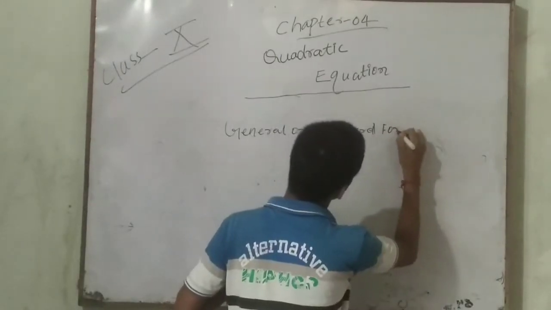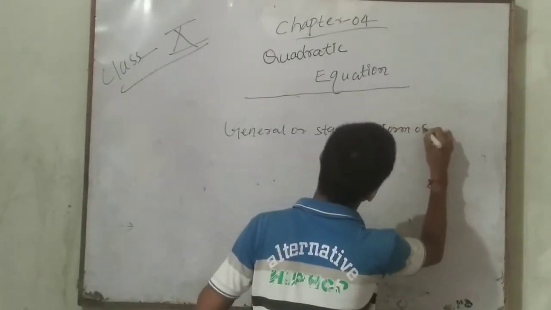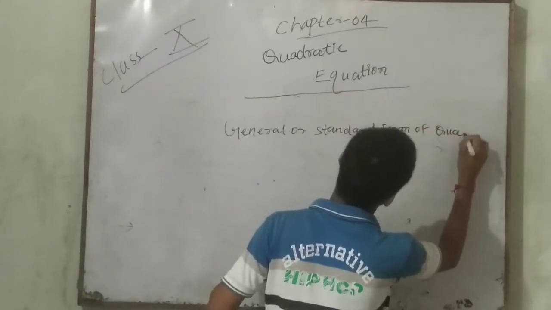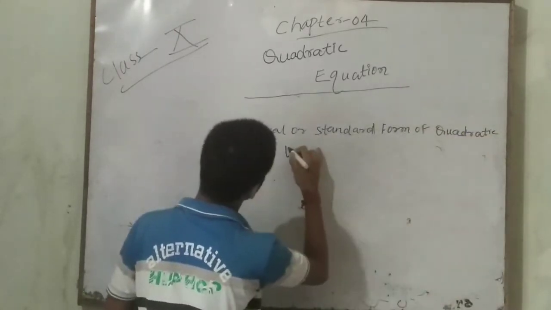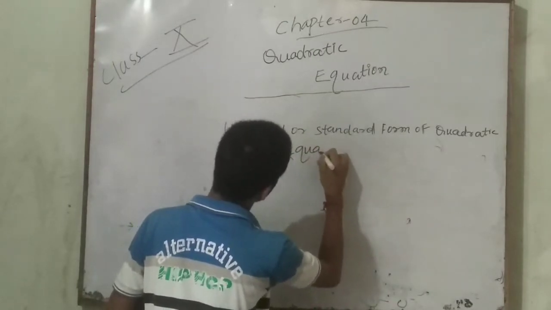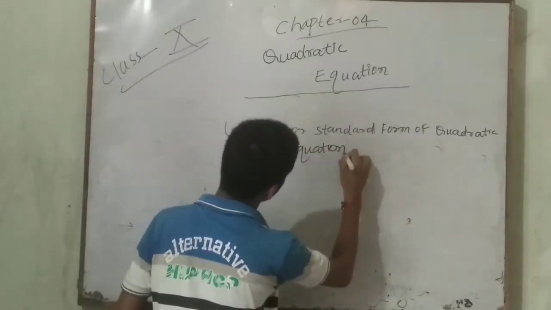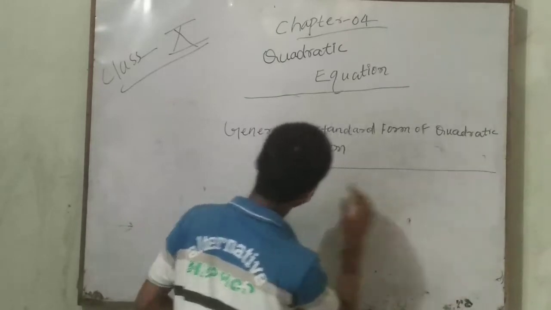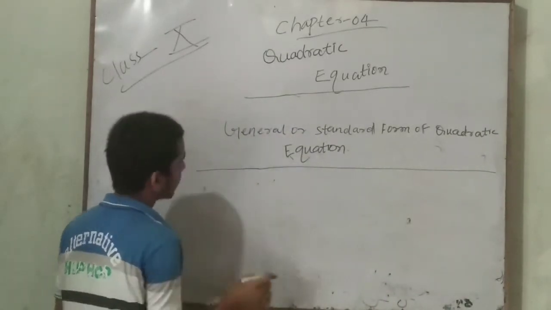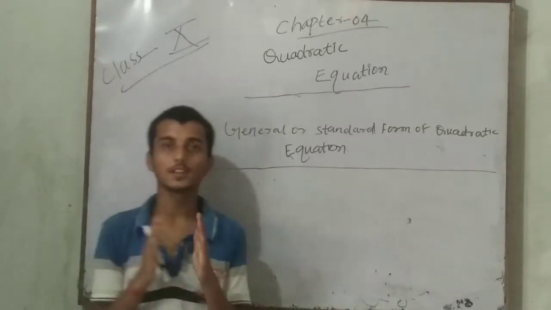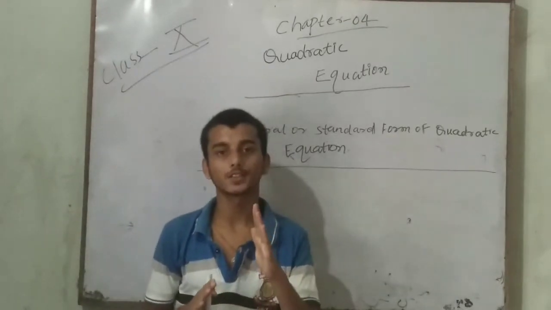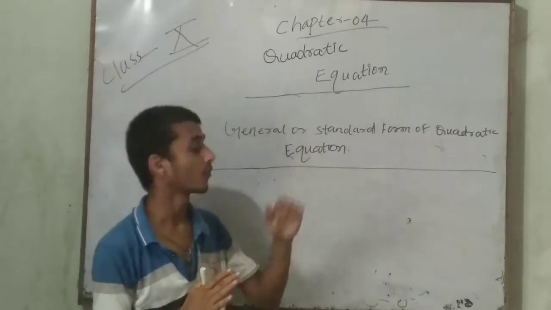Now, the form in which a quadratic equation exists is called the general or standard form of a quadratic equation.